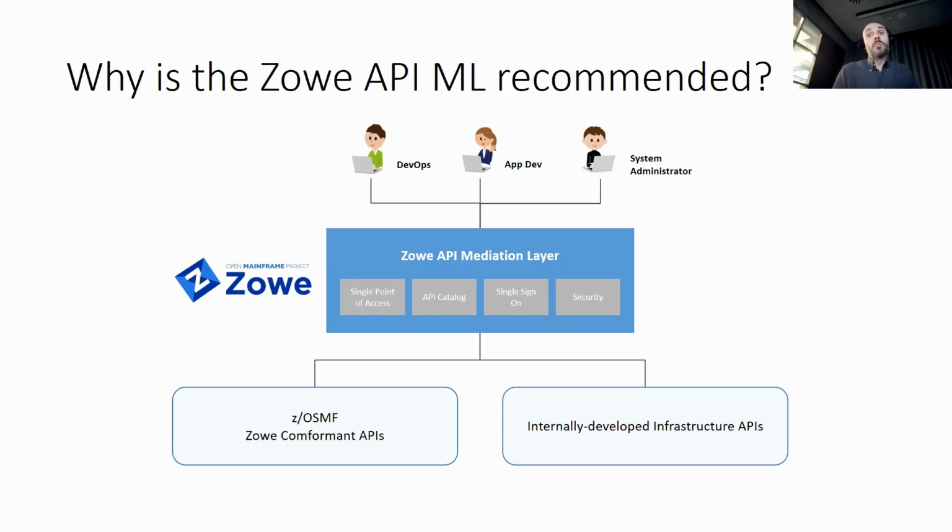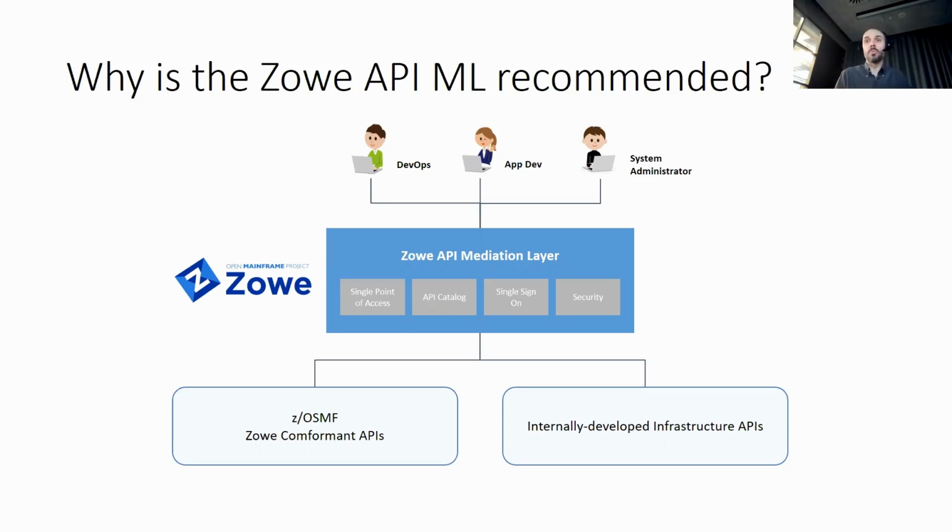So following from that is single sign-on. What these API users at the top end do is log in once, and they get a token which they can then use to access all of the onboarded APIs that are behind the mediation layer.